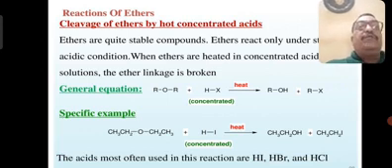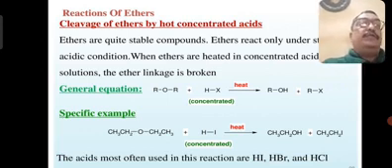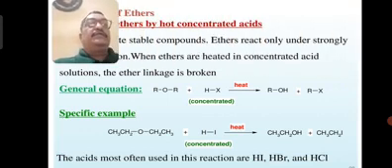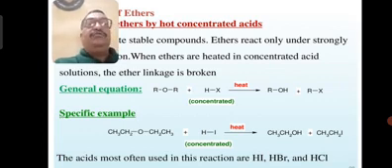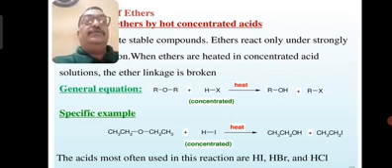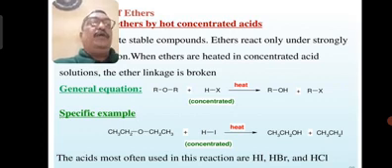Ethers are quite stable compounds, but they react under strong conditions. When ethers are heated in concentrated acid like H2SO4, the ether linkage is broken and the products are different in nature.